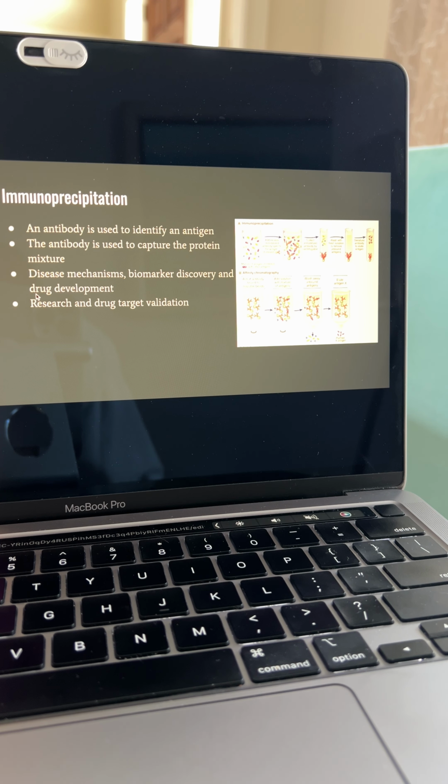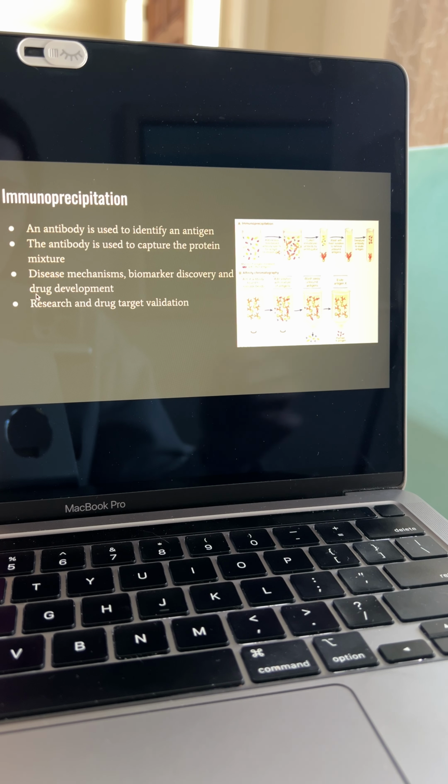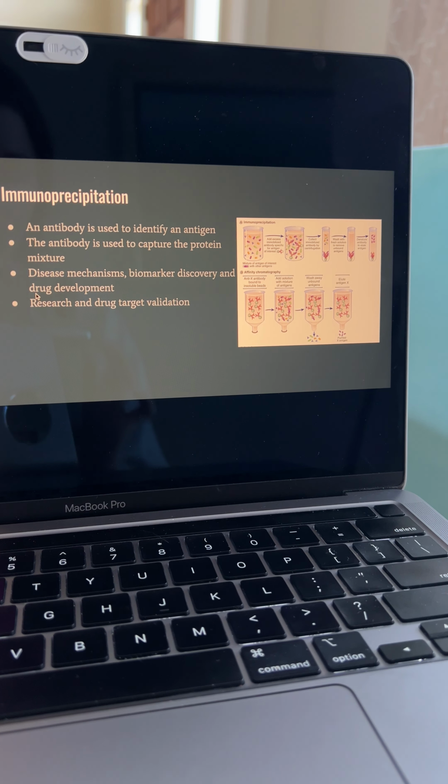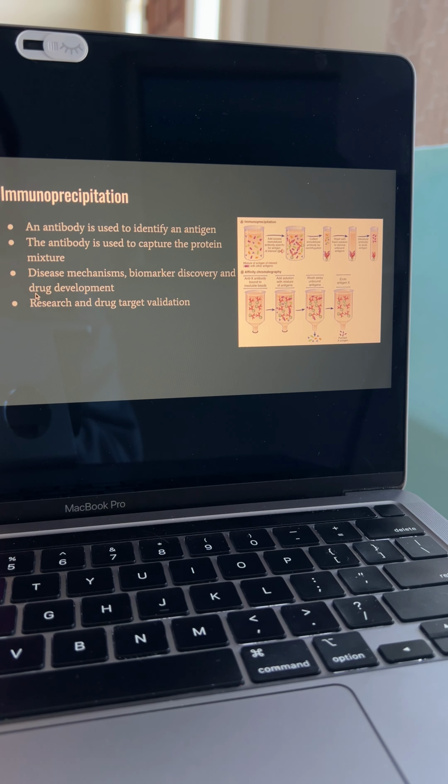And then finally, the eluted protein can be analyzed using many techniques like western blotting, mass spectrometry, and enzyme activity assays. This technique can be used in protein-protein interaction studies and drug target validation. And in a clinical setting, it can be used to investigate disease mechanisms, the discovery of biomarkers, and drug development. And here's a little image of how immunoprecipitation kind of works.